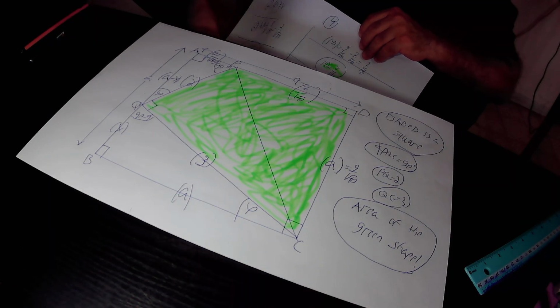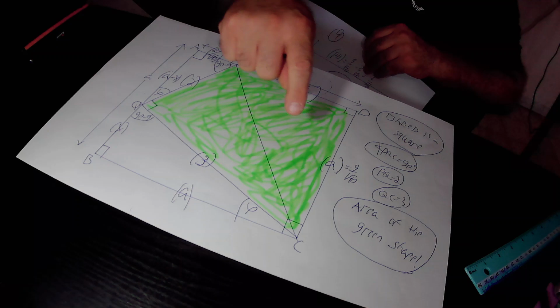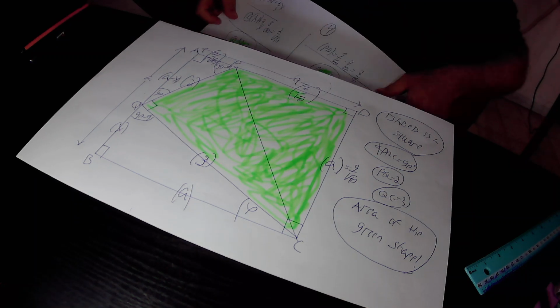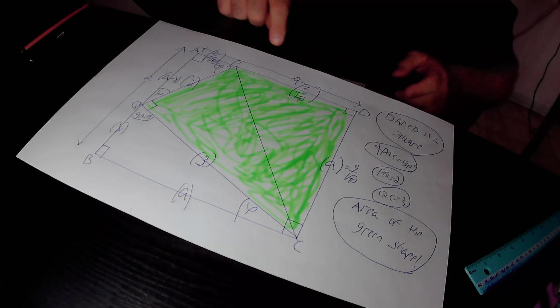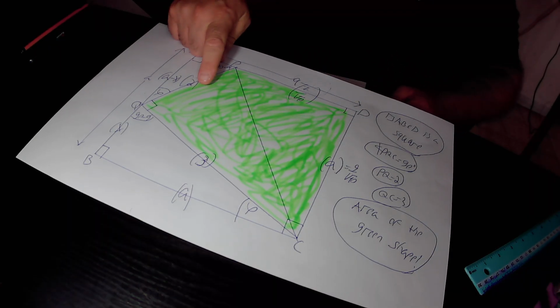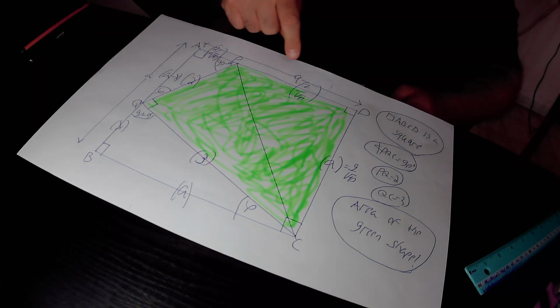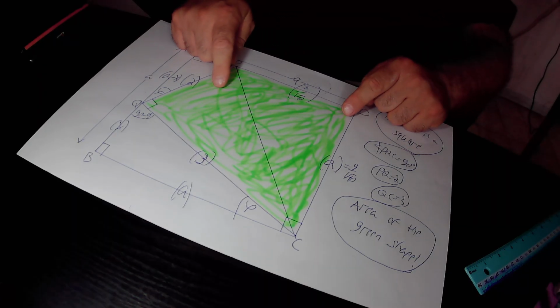In the next step, we join points P and C together by a straight line. By joining points P and C, we get 2 right triangles here. This is the right triangle PDC, and this is the right triangle PQC. From the drawing, it is very easy to see that the green shape consists of those 2 right triangles.